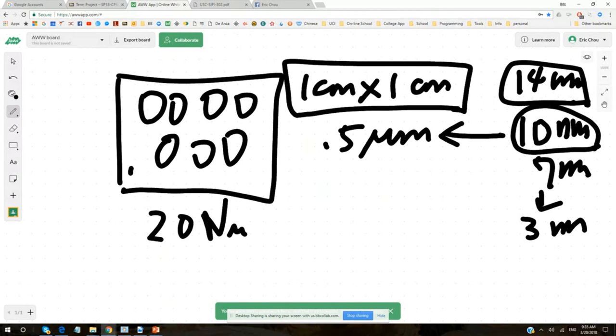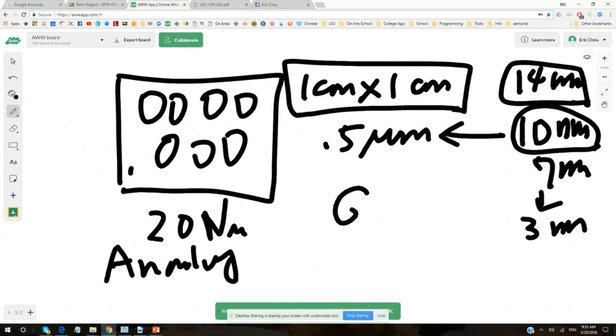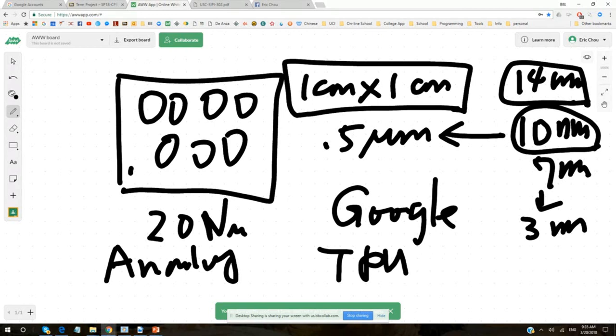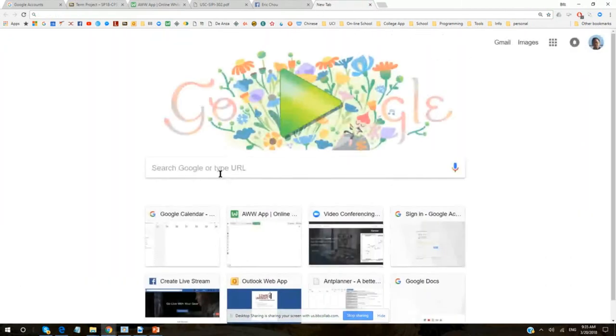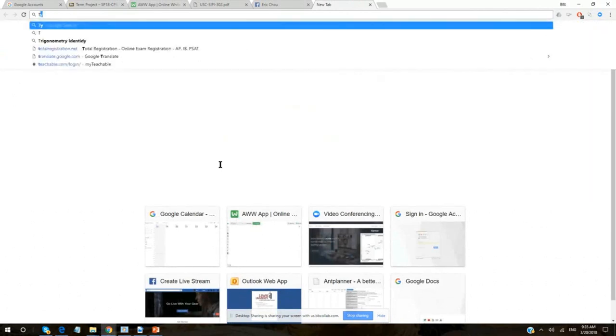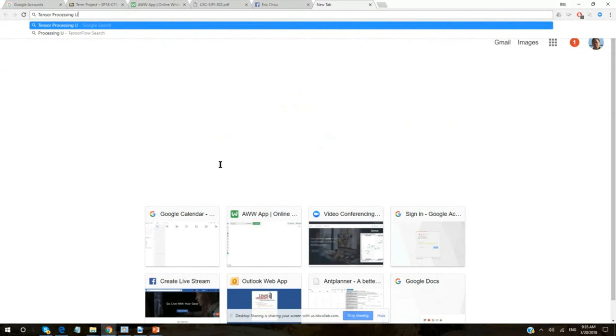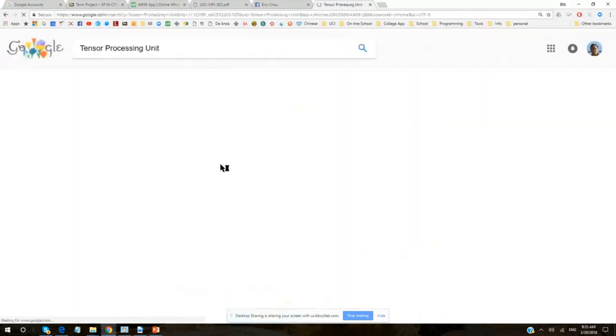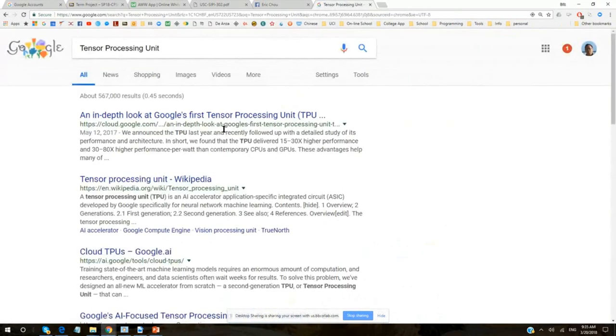At that time we were working on analog neurons. But now for Google, you may hear of Google's tensor processing unit. What is the tensor processing unit? It's also related to neural networks.